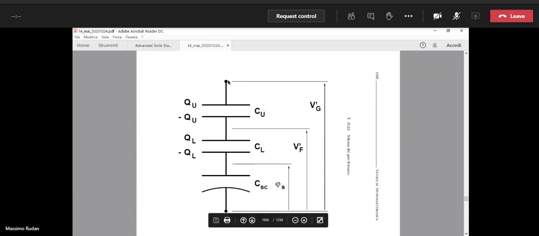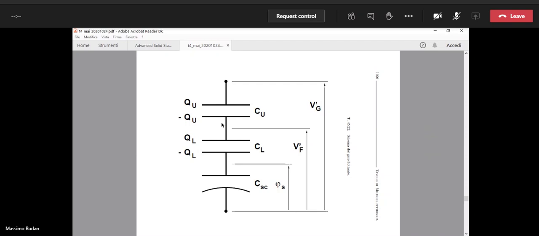Instead, Vg prime is prescribed. It is high, okay, it's beyond strong inversion condition, and Vg prime is fixed. So the problem of the floating gate is that we want to calculate how much Vf prime changes when we change the charge at this point, okay, at the interface.